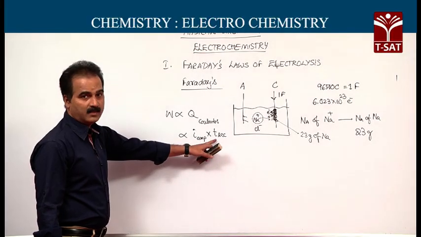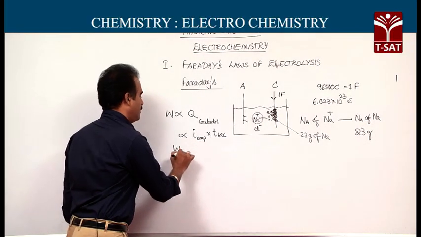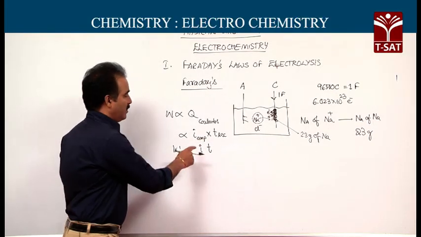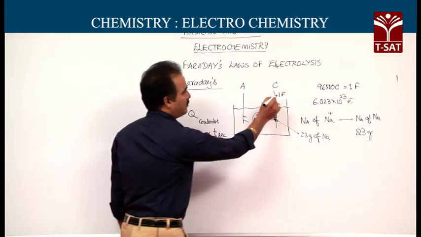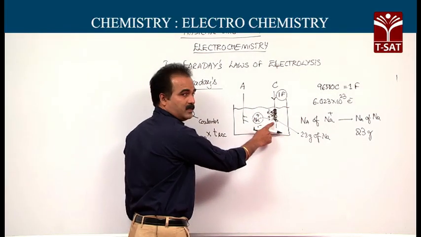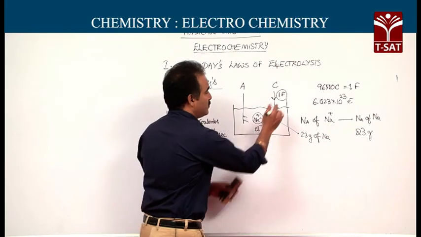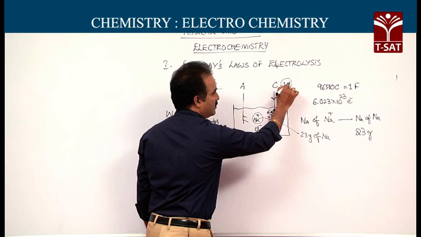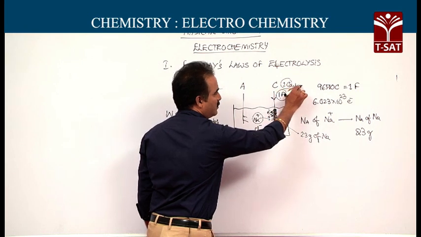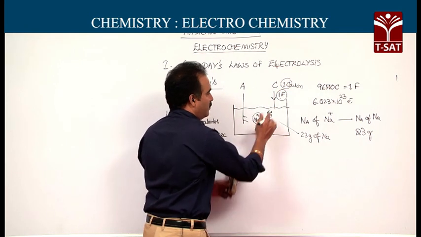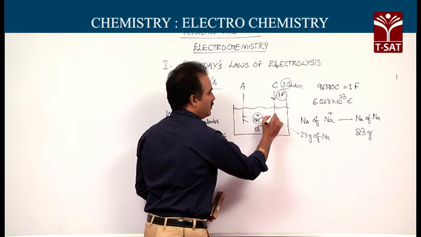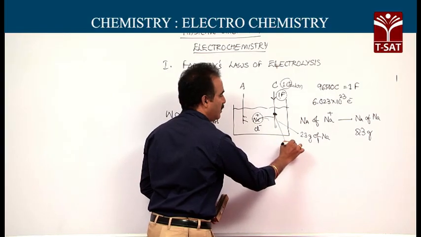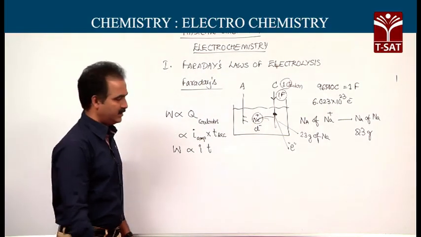So, we say W is proportional to I into T. When you send 1 Faraday, it deposits 1 equivalent weight. If you send 1 coulomb of charge instead, the quantity deposited is less, and that quantity we call the electrochemical equivalent.